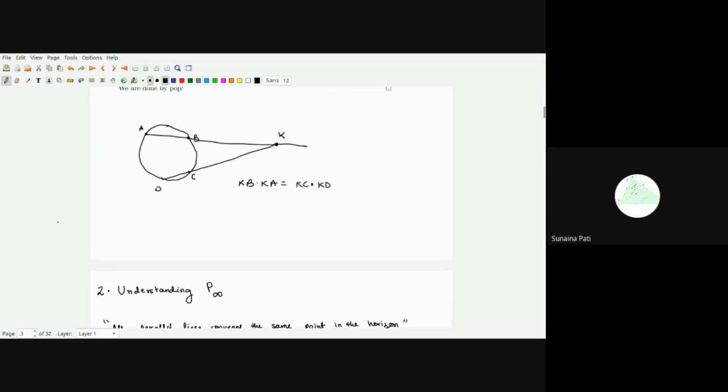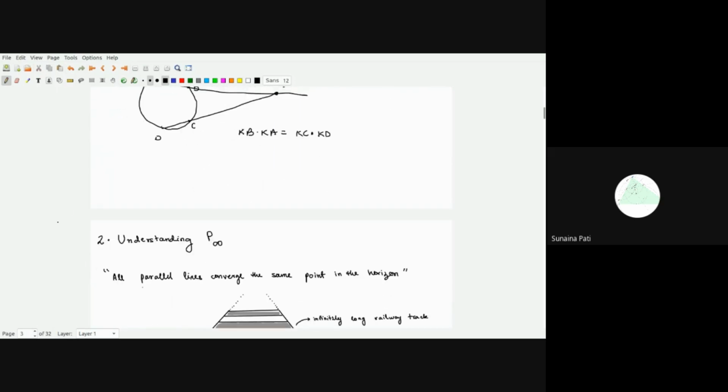Anyway, moving on. Since we are learning projective geometry, we should be very familiar with the very famous point called the point at infinity. Then it would be there in chapter 1 or chapter 2; I'll give the references to you after the class if that's fine.